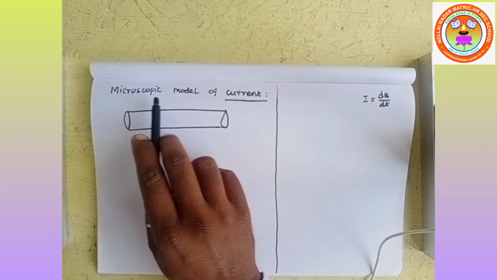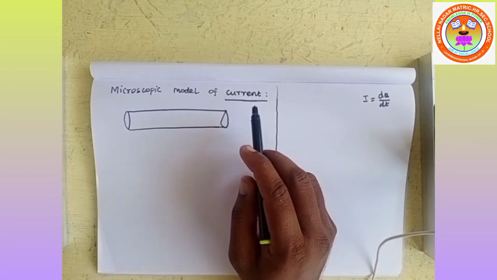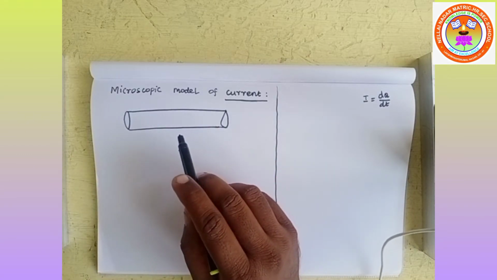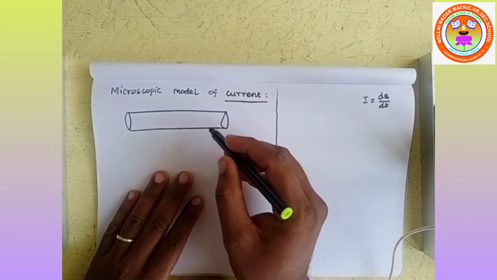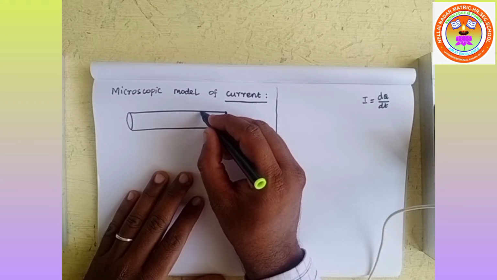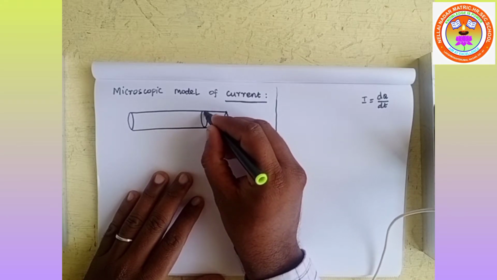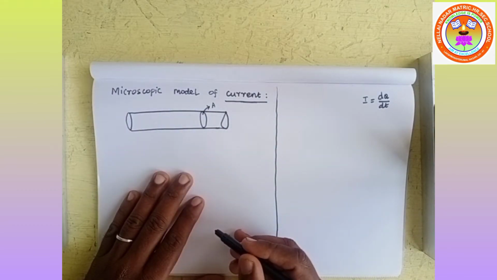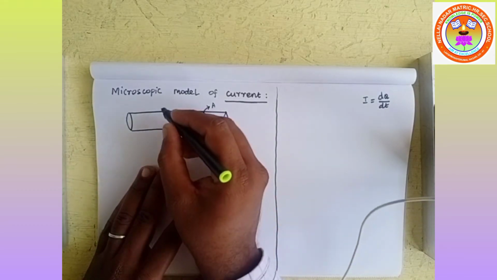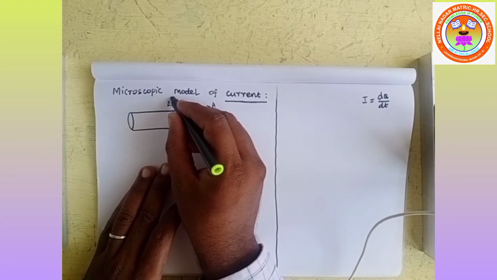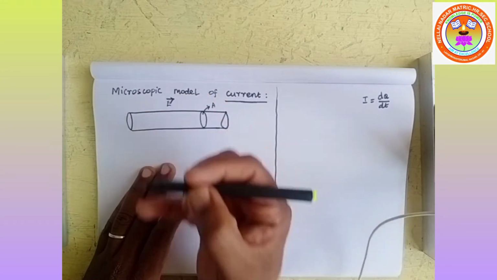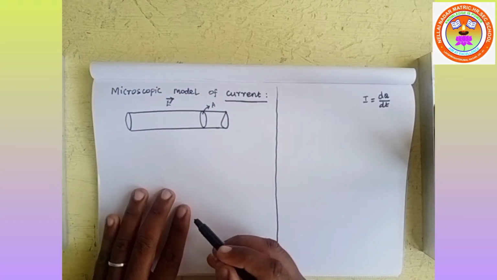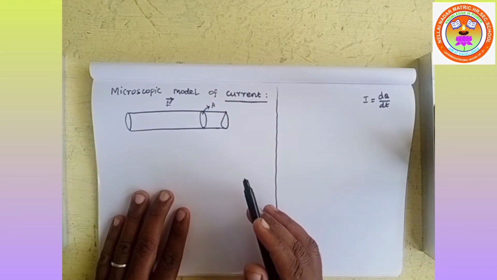To discuss the microscopic model of current, first we consider a conductor with area of cross section A. The electric field E vector is applied to the conductor from right side to left side.